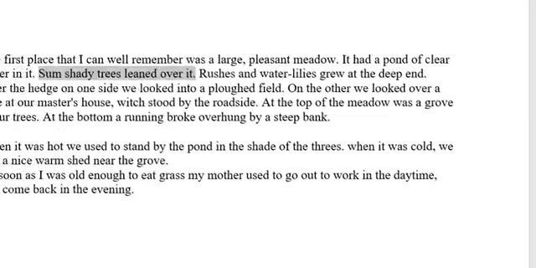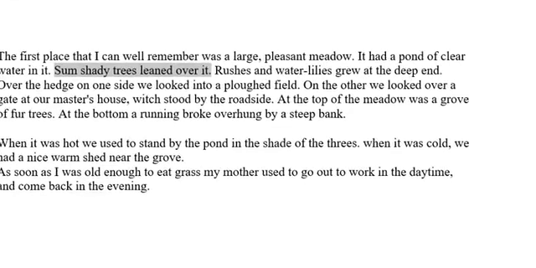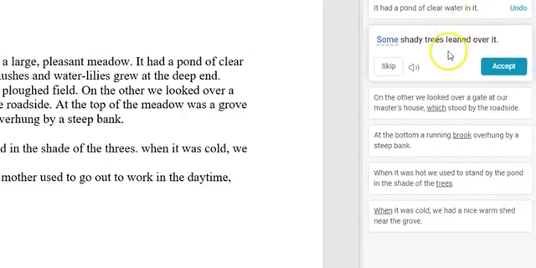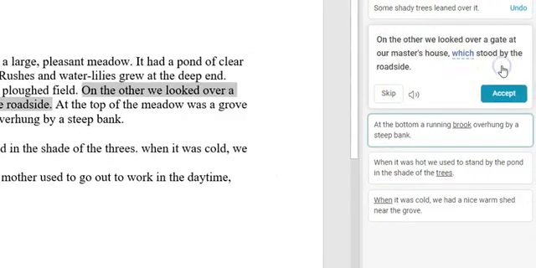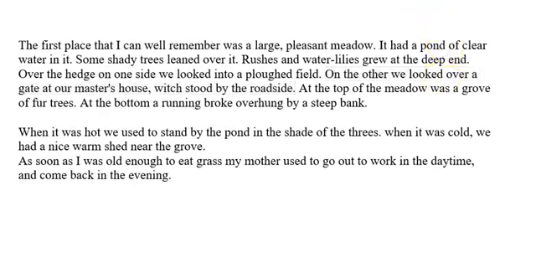So let me just progress through. So there we go. The next one, some, S-U-M, and it's suggesting S-O-M. So I press accept on that. I'm going to progress through that document. So it's saying on the other, we looked over a gate at our master's house, which.